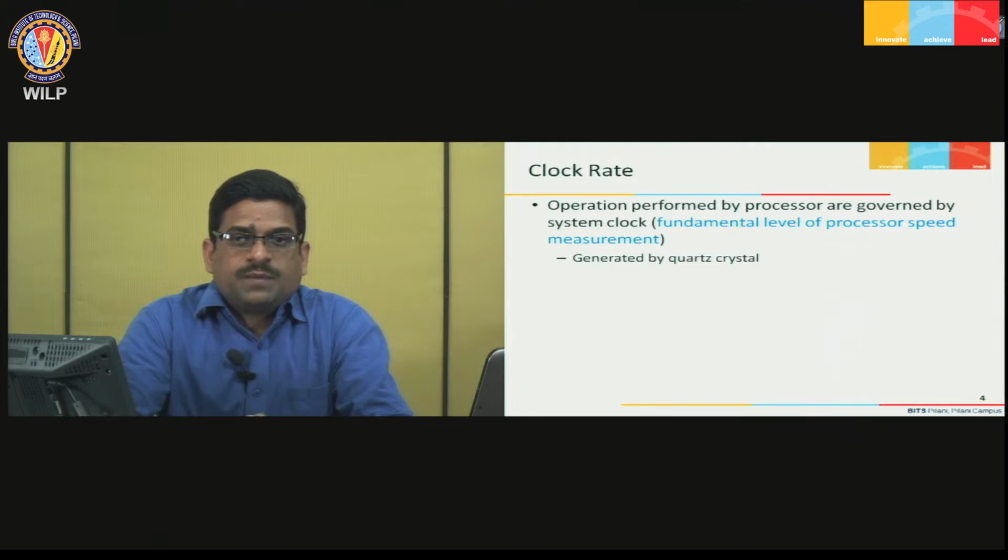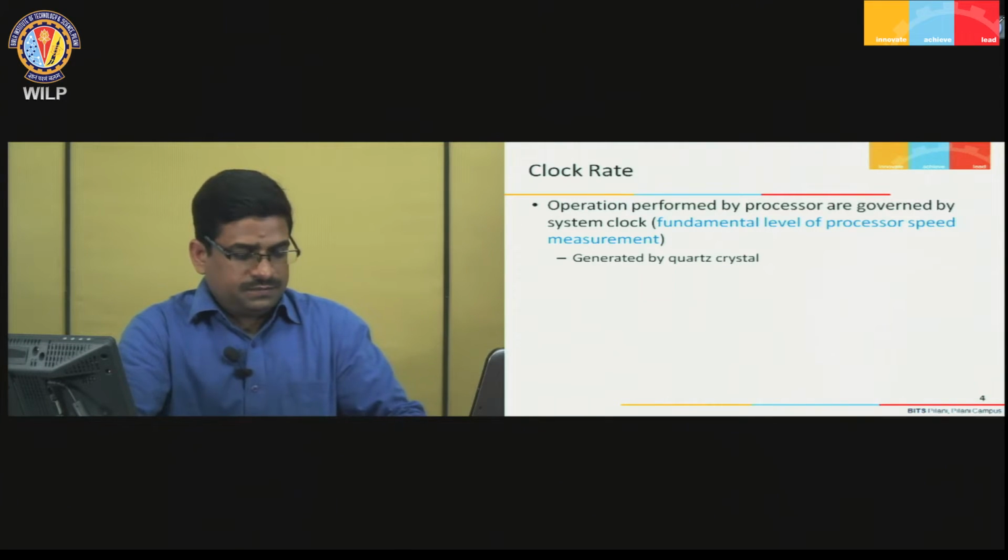The operations performed by the processor are governed by the system clock, and that clock is generated by a crystal called quartz. This is the fundamental level of processor speed measurement. Each and every operation executed in the processor requires some clock cycles, or is governed by the clock cycles.